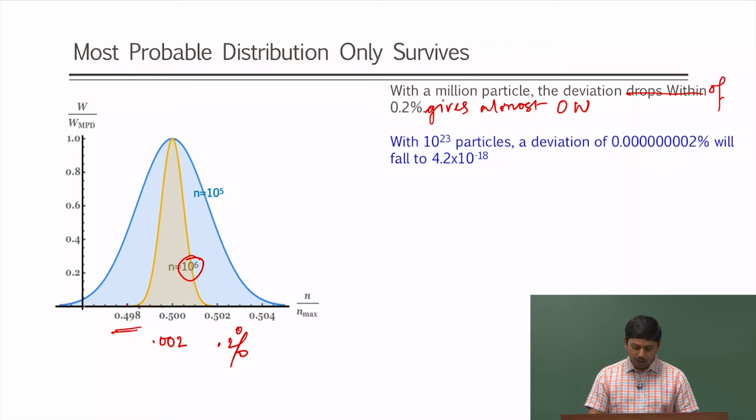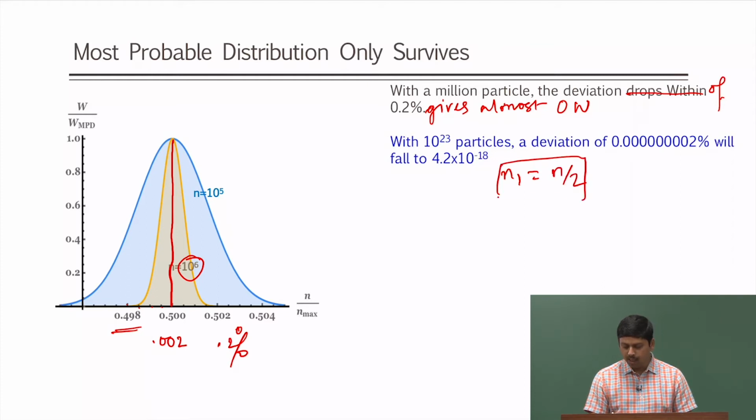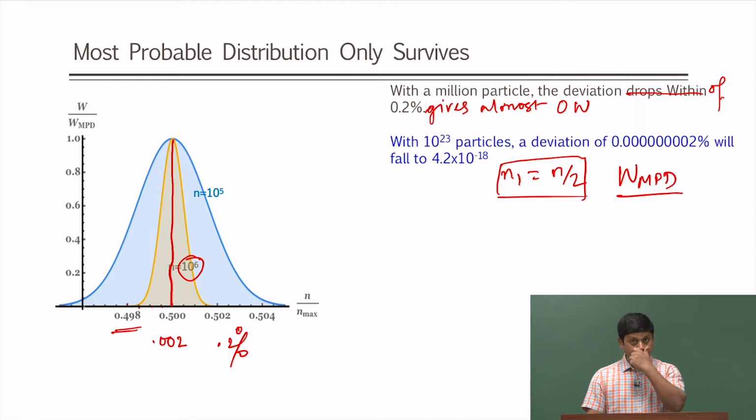So, the distribution will be just like a delta function. That means we do not have to consider any other values of n 1, we can only consider n 1 equal to n by 2. We do not need any other distributions, we only need MPD. With MPD it will suffice to calculate the entropy of the system, and that is the reason the most probable distribution is used.